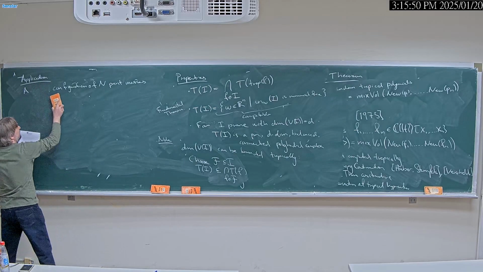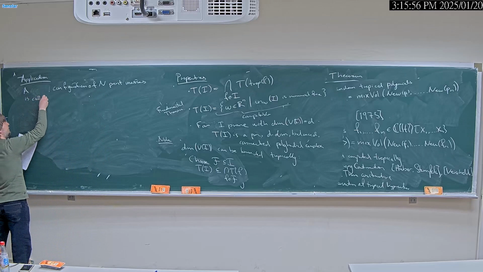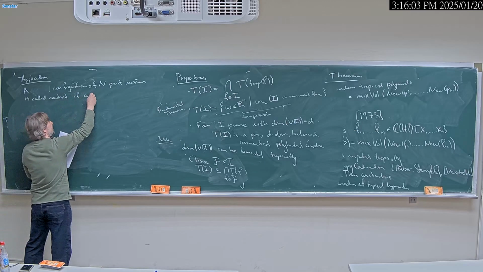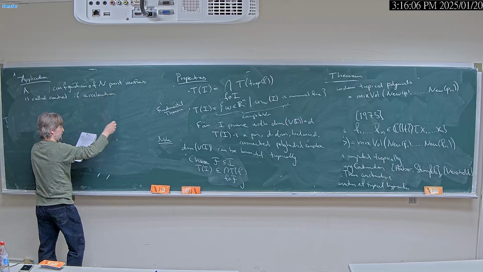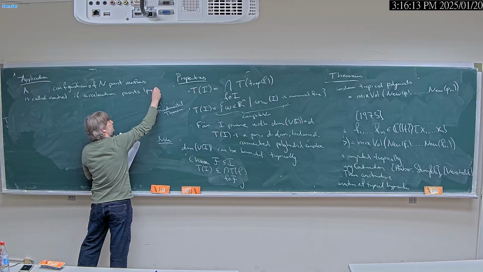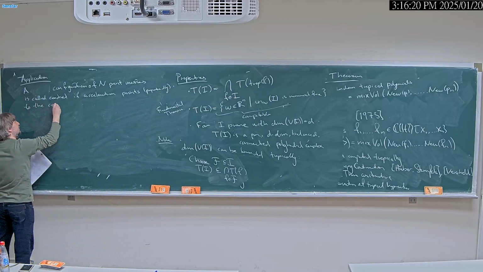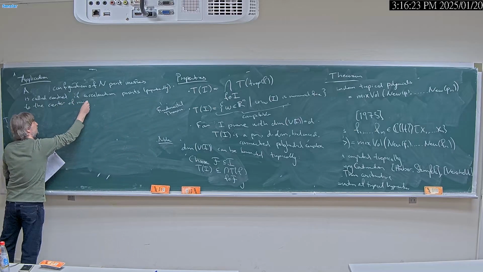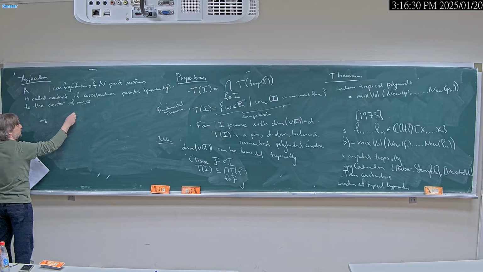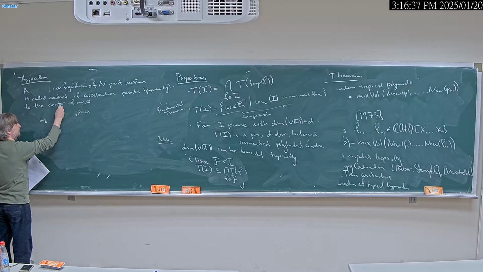I should say, a configuration of n-point masses is called central if acceleration points, and then I need to write, proportionally to the center of mass. Right, so the example is the sun is here, a planet is here, two asteroids are here and here.